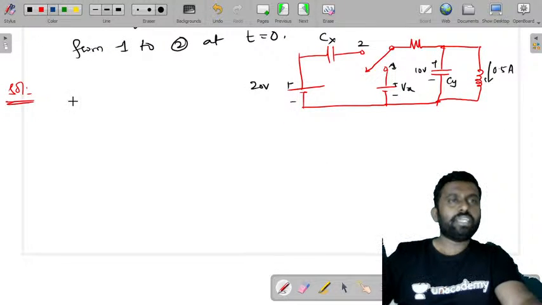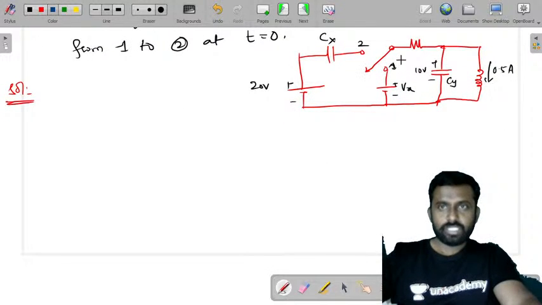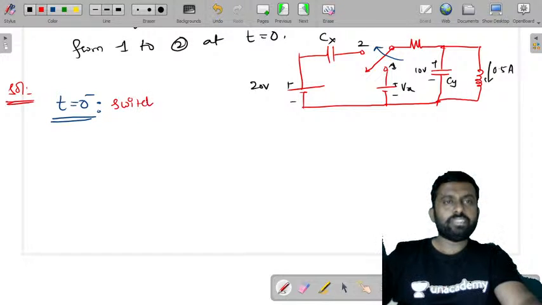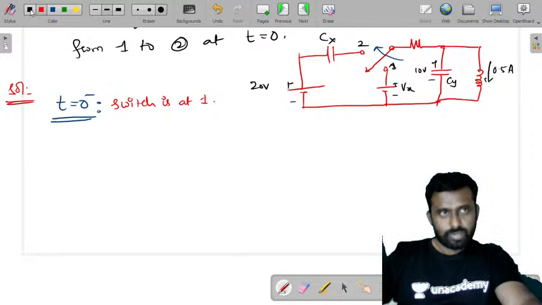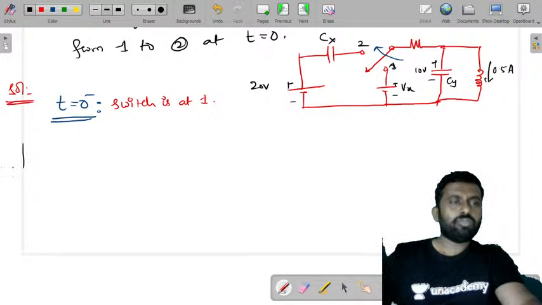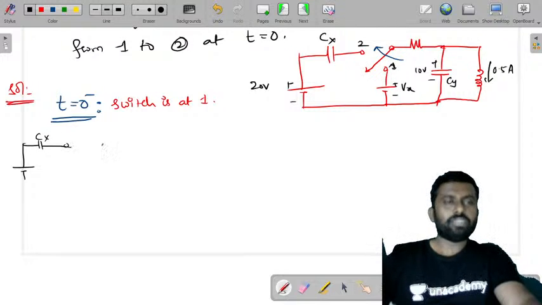Now the switch is moved from 1 to 2, that is what is given. So at t0 minus, what is the position of the switch? At t0 minus, the switch is at 1. Try to draw the circuit diagram. So this is a voltage source Vx, which has a capacitance Cx, which need not actually be mentioned because this is connected to 1.